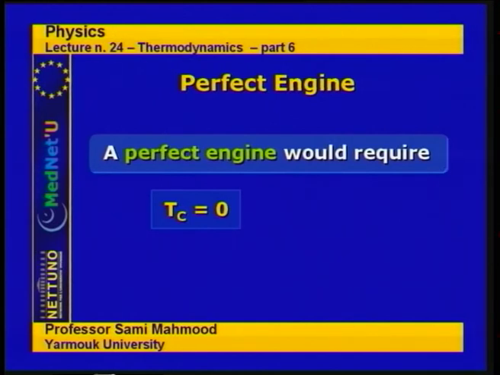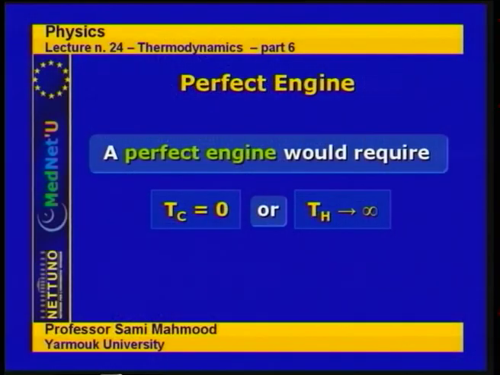That means the lower temperature reservoir should be at absolute 0. That's not 0 centigrade, that's absolute 0, which does not exist. By all the technologies that we have, we have never reached absolute 0 degrees Kelvin. So T sub C equal to 0 is impossible. We have not arrived at such a temperature at all.